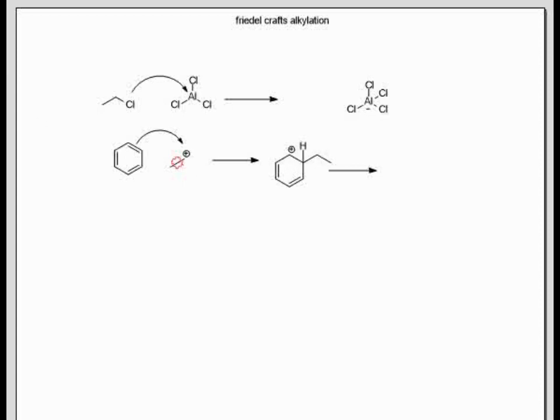It's hard to draw here, but it's going to happen like this. This bond will shift towards the carbocation, so we will get something like this.